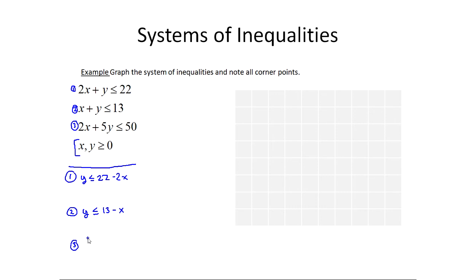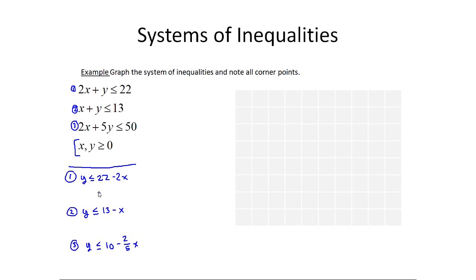And so you get y less than or equal to 10 minus 2/5 x. Again, something you should verify as you're working. When you notice all of these once solved for y are less than or equal, that means that my solution set's going to have to be below all of these lines, below every single one simultaneously. So I'll be doing a lot of shading.